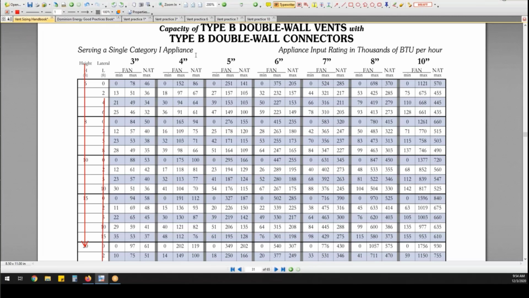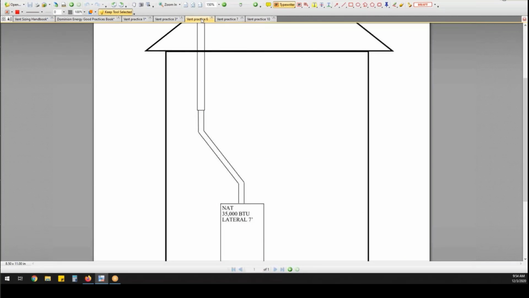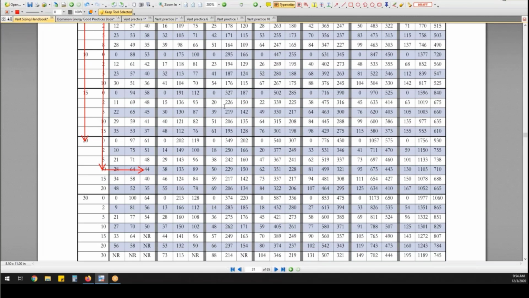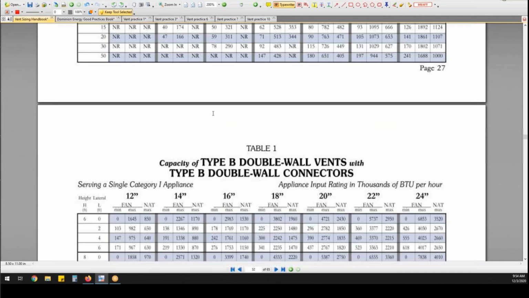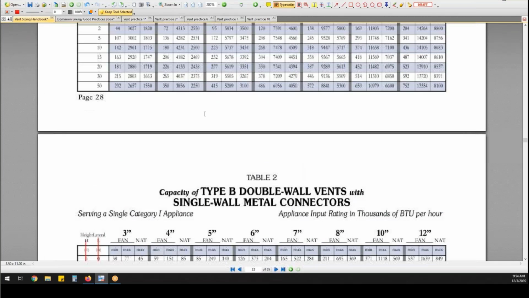Now, let's go take a look and see if we could do it in single wall, if we could change this guy right here to single wall, because I want to save some money. So I go back over to my gamma tables, and we go down and we find the table with single wall connectors.